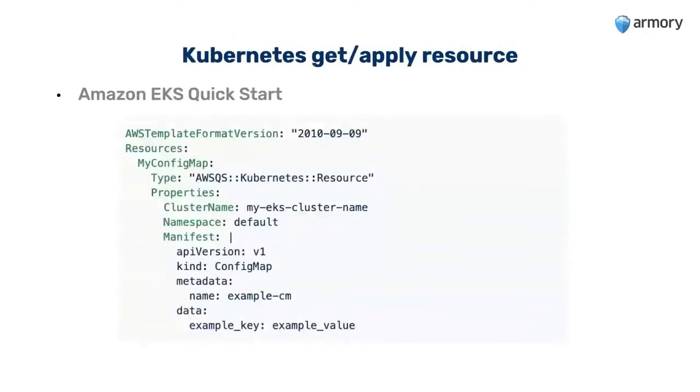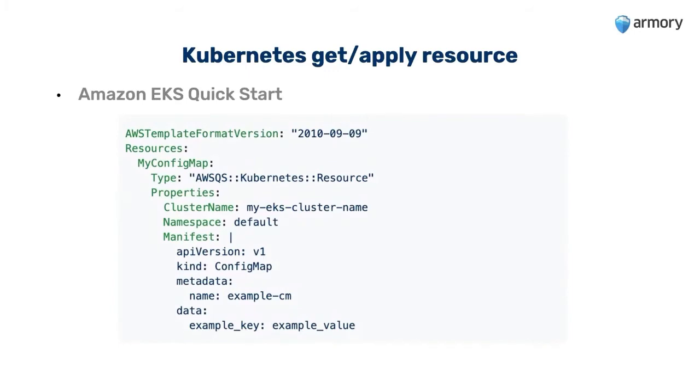This is one of my favorite examples of Amazon's EKS Quick Start. This is an AWS QS Kubernetes resource definition. And as you read from top to bottom, there's a properties section, and there's a cluster name. This is the cluster name of the EKS cluster. We have a namespace where we're defining it as default.